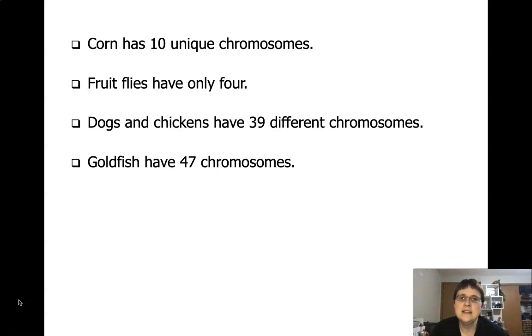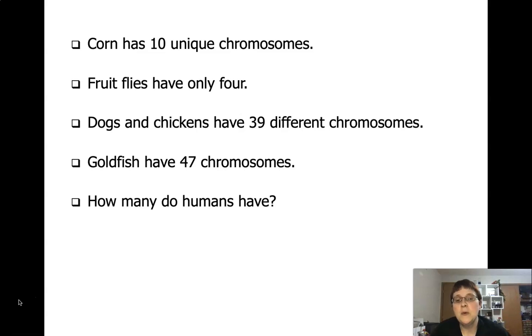And it's not like one of them is super complicated compared to the other. Right? You would probably say a goldfish might not be as complicated as a dog, but it has nothing to do with how complicated the organism is or how big their genome is or how many chromosomes they've evolved to put that information into.